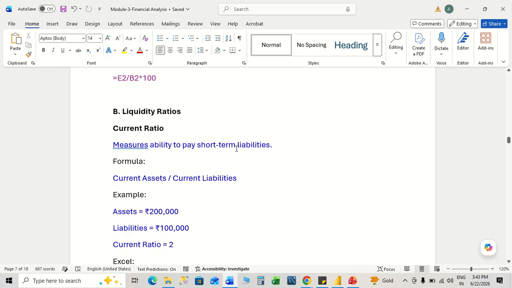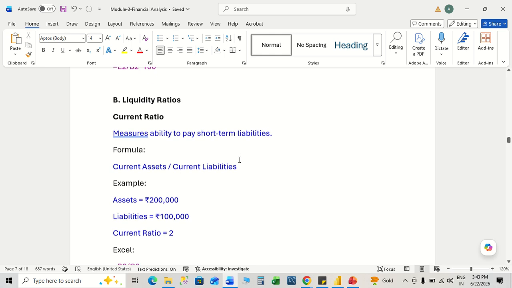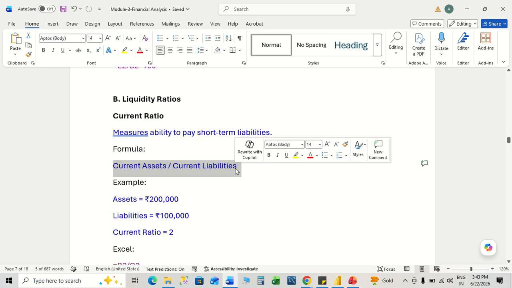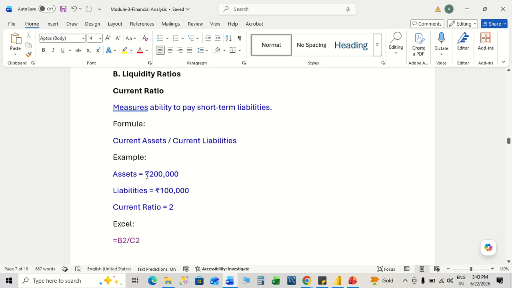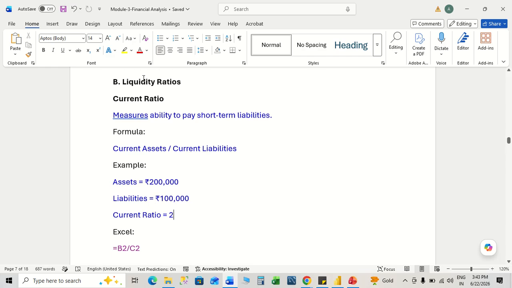It is current assets divided by current liabilities. For example, we have assets of 2 lakhs and liabilities of 1 lakh. So the current ratio is 2 assets by 1 liabilities, that is 2. That is the current ratio.